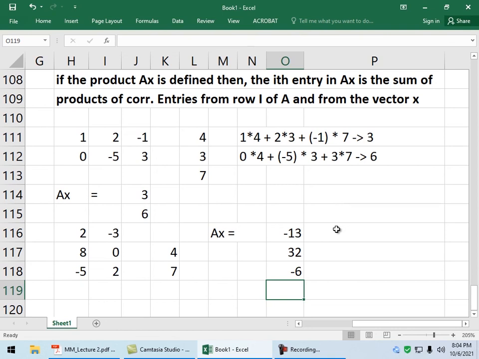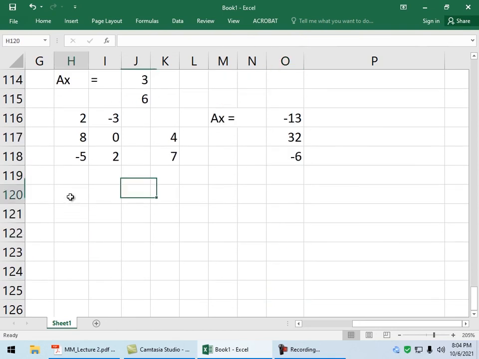Very often you will encounter problems where the matrix is in the diagonal form. What does it mean? That means only diagonal elements are non-zero elements and the other elements are zeros. To be perfectly clear, the diagonal matrix, let's say like this.